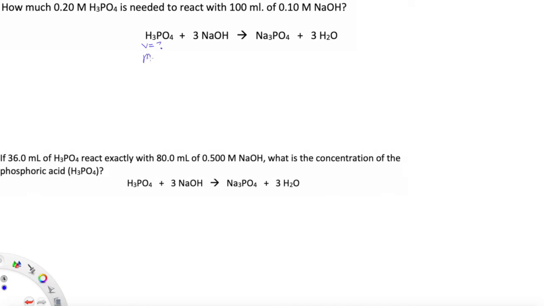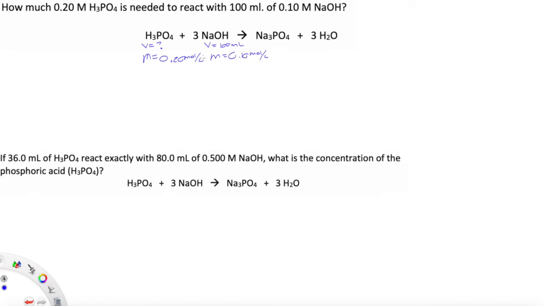And it's telling me that the molarity of this solution is 0.20 moles per liter. And it's telling me that for sodium hydroxide, my volume is 100 milliliters, and my molarity is 0.10 moles per liter.